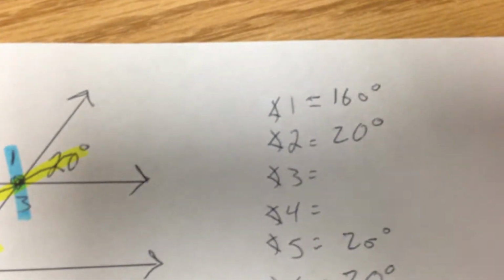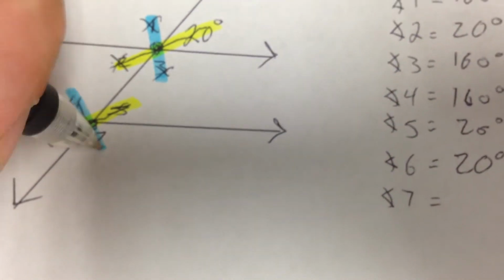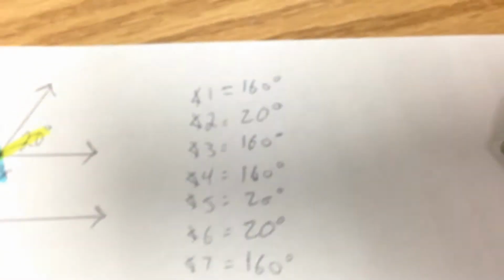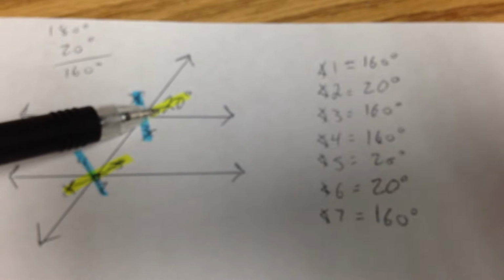So we know that angle 1 is 160. Bam. Vertical angle 3, 160 as well. Bam. Corresponding 4, 160. And last but not least, 7 is a vertical angle of 4. So, you guessed it, 160 degrees. So that was a pretty easy way to do that one when you've got a known angle.